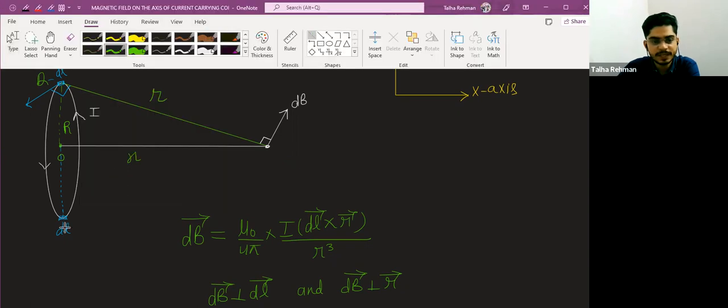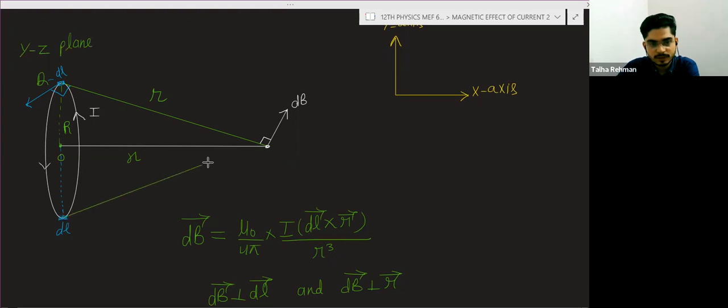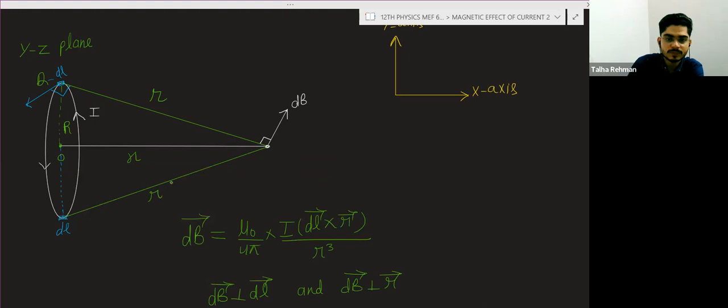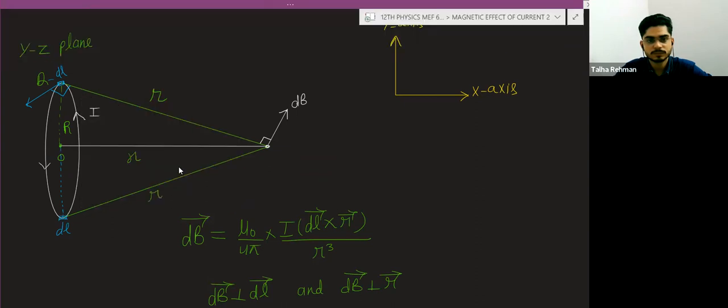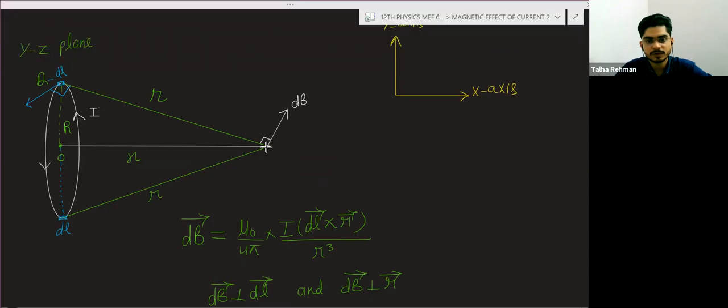Due to this element dl, there will be a magnetic field at this point P, and this dl will again be at a distance of r due to the symmetry. This is a symmetrical figure. And again the magnetic field will be perpendicular to this r. So here you can write it like this, perpendicular to this.